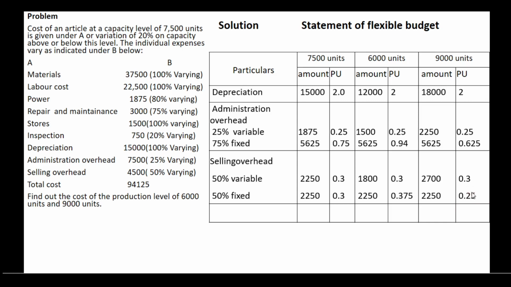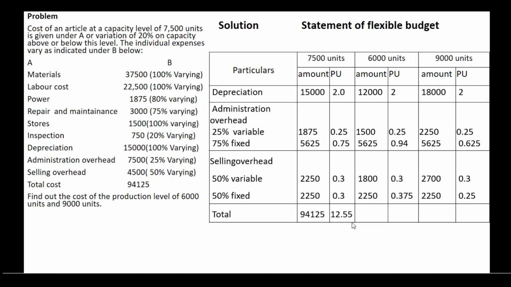So now we take the total cost. The total cost for the 7,500 units, the amount rupees 94,125. So from material to selling overhead, when we total all the expenses, the total amount at 7,500 units is 94,125 rupees. The cost per unit 12.55.